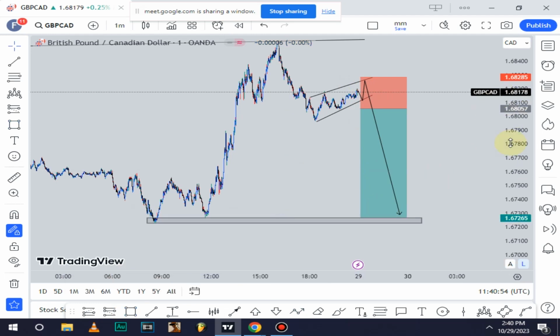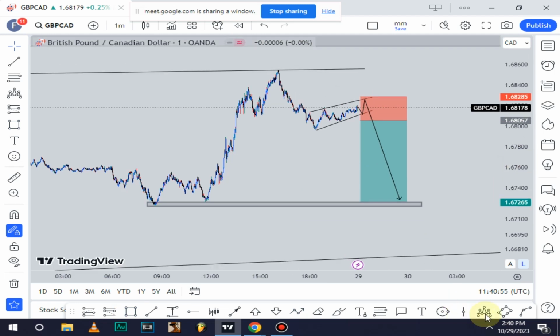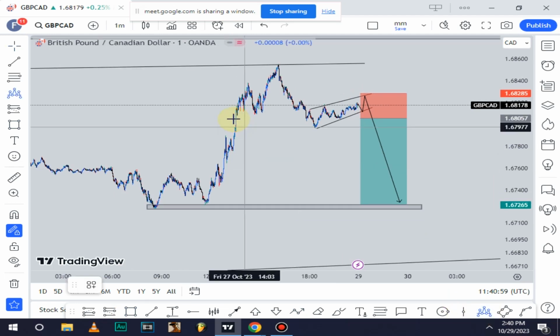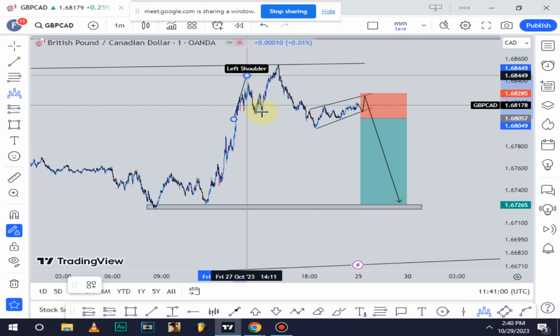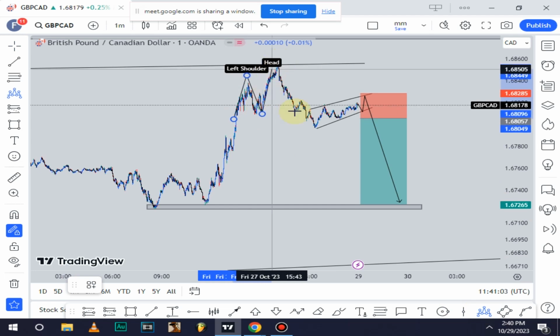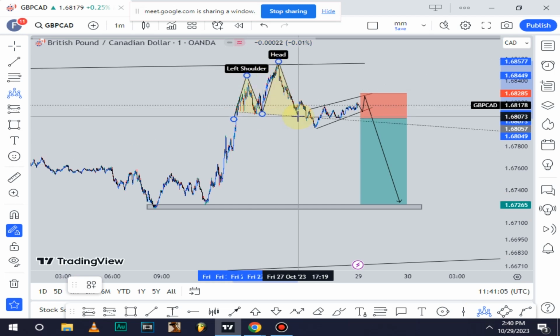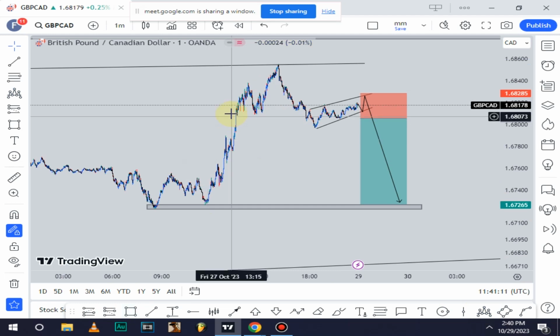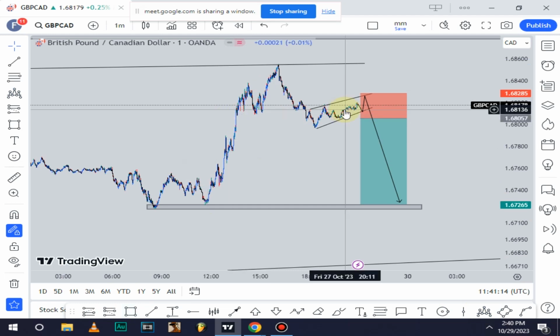I believe you guys can see that, and I don't know if this is also some sort of head and shoulder. We can see some sort of a left shoulder there, we have a head there. All right, yeah, I can see something. Let me see, there was a support here.